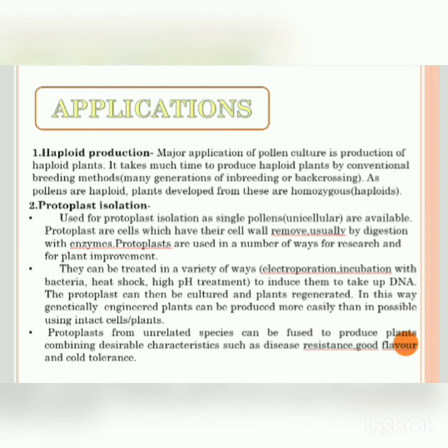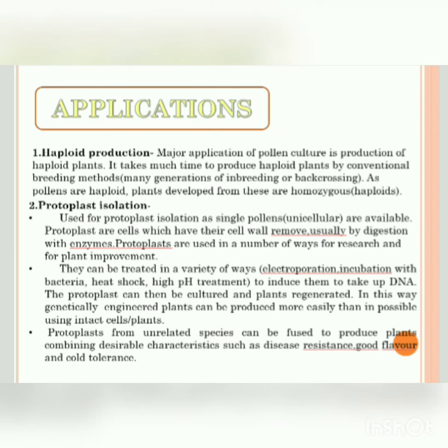Now what is this? As we all know, the conventional breeding methods take much time to produce haploid plants, meaning many generations of inbreeding or backcrossing are involved. If we don't want to do this, we can do it by the different pollen cultures and anther cultures.